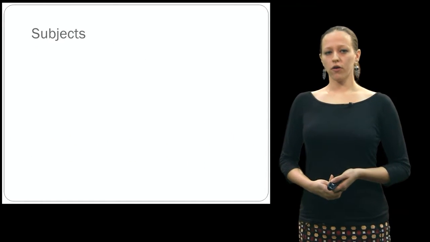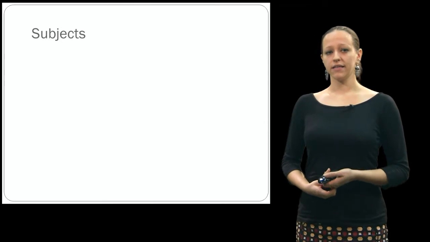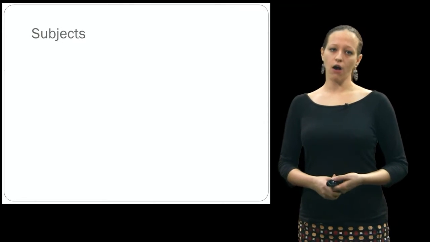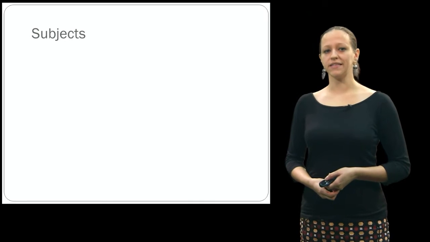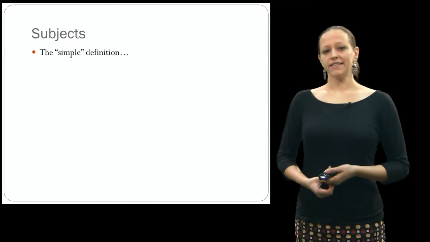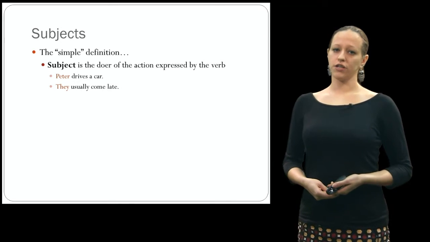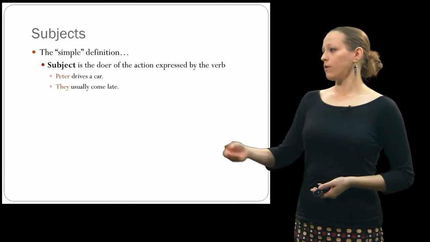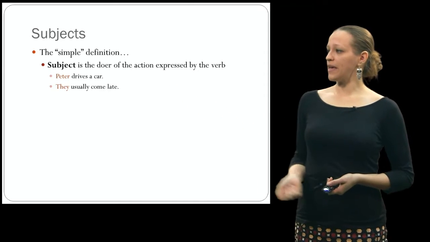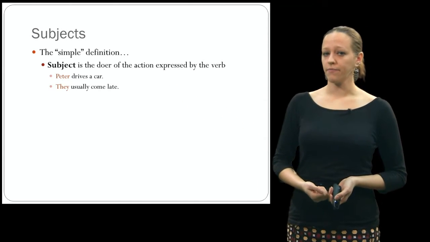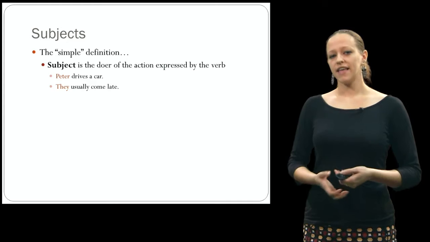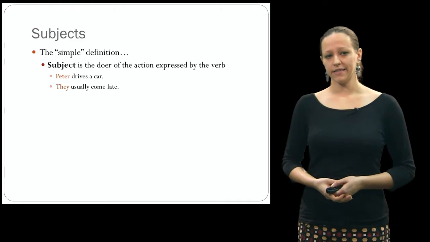But now we are going to look more closely at subjects, because subjects and nouns do not necessarily have to be the same thing. The simple definition of a subject is that it is the doer of the action expressed by the verb. So if we have Peter drives a car, Peter is the one doing the driving. They usually come late, they are the ones usually coming late.